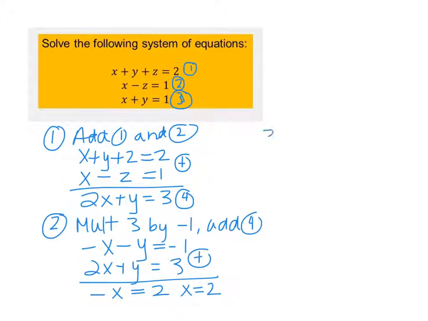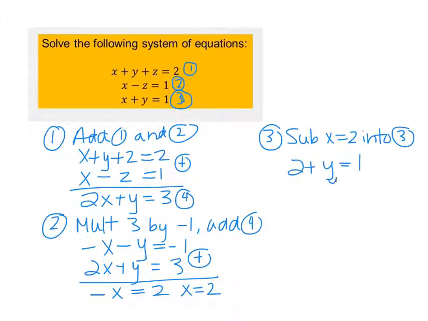And I'm going to use that, x is equal to 2, and I'm going to substitute it into equation number 3. So I'm going to sub x is equal to 2 into 3. So I would have 2 plus y is equal to 1. Y is equal to negative 1.